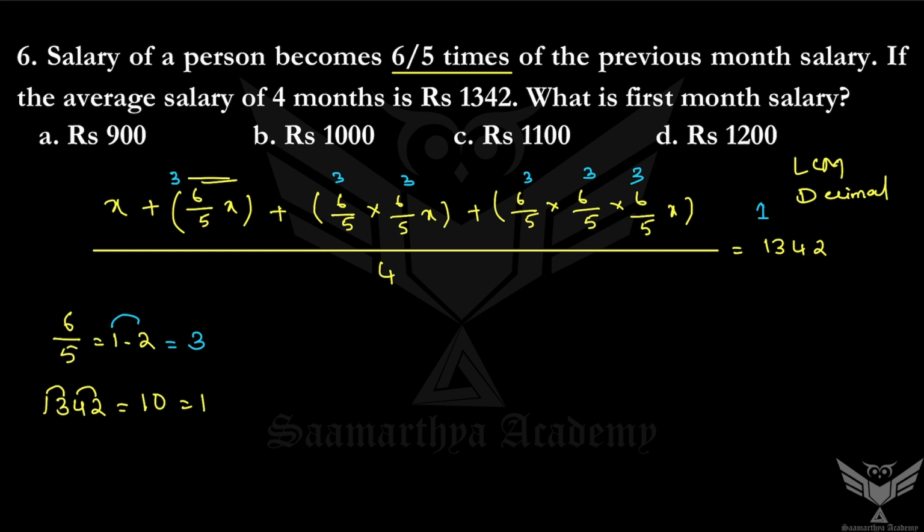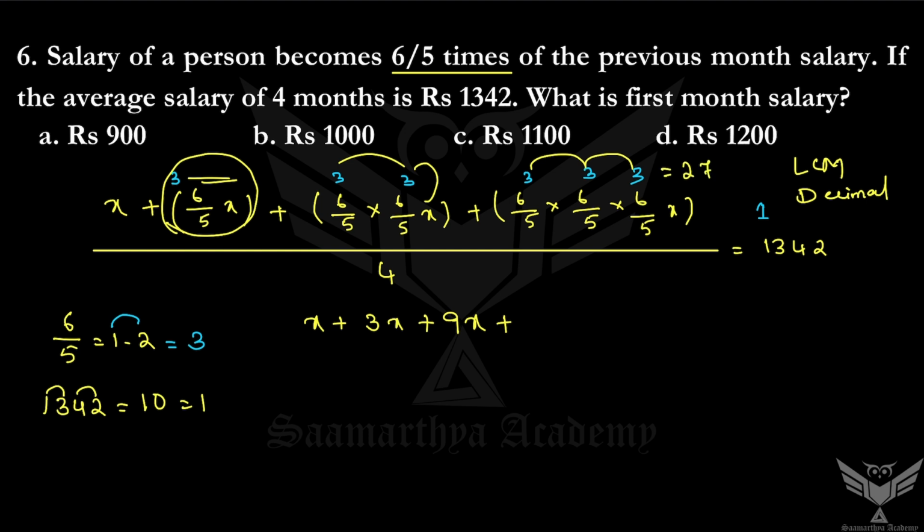Now replace the actual values and rewrite the equation. It becomes x plus 3x plus 3 into 3 into x becomes 9x plus 3 into 3 into 3 becomes 27.